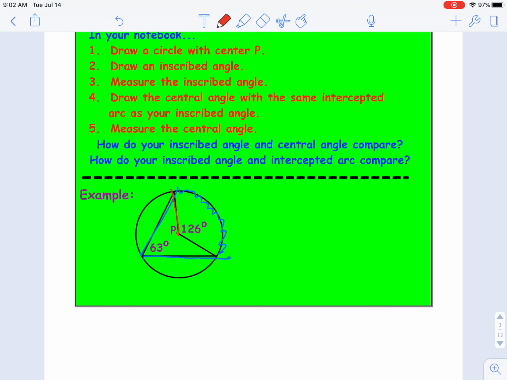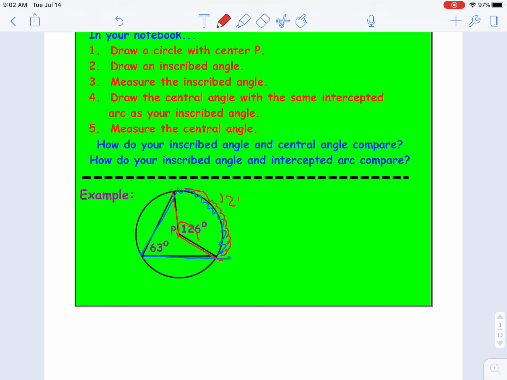Notice this is the arc that it's intercepting. And our central angle is intercepting the same arc. But it's also pretty clear that the angle measures are not the same. One is acute and one is obtuse.